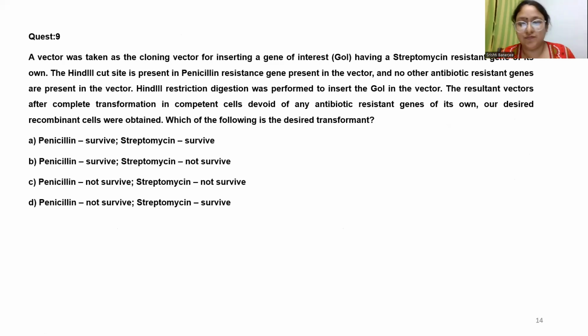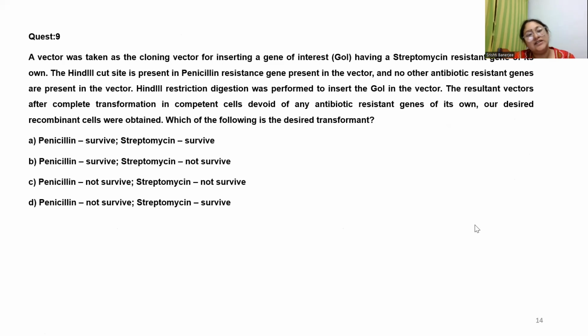Now, a lot of sums. Now let's slightly change the questions and discuss that. Let's come back to cloning once again. So just have a read of this question and we can discuss. I'll explain the question: you have a vector that is taken as a cloning vector for inserting a gene of interest having a streptomycin resistant gene of its own.